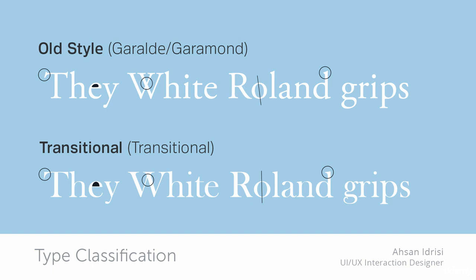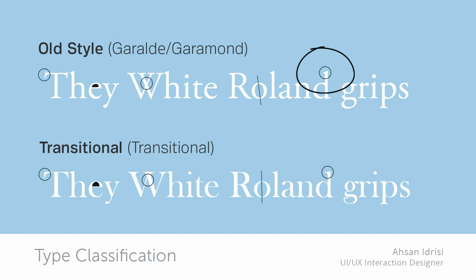One is the diagonal stress. It has a good diagonal stress, less than the Humanist, but still good. Then you can see the ascenders and descenders have a sloped serif end.